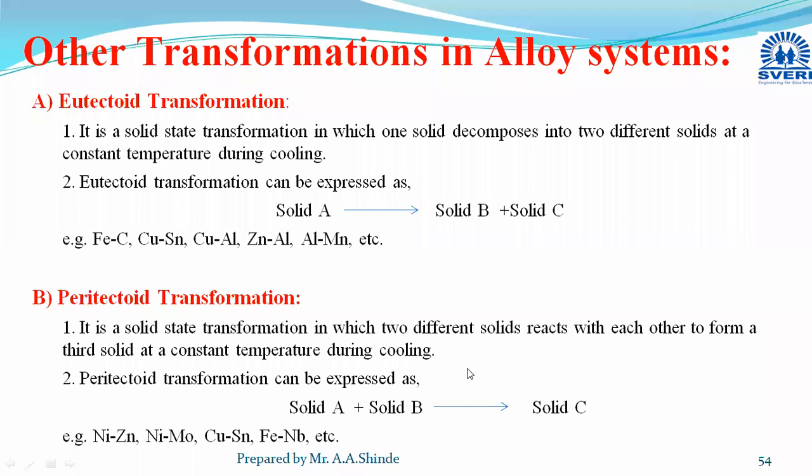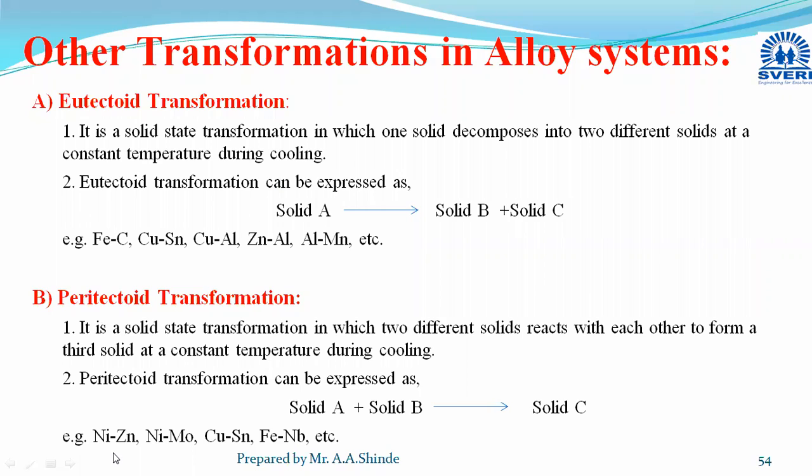Solid A combines with solid B at a constant temperature during the cooling, and they form a third solid or new solid having different characteristics and properties, and it is denoted by this solid C here. Okay, two solids combine to form a third solid, and this transformation is termed as peritectoid transformation. Okay, eutectoid, and this is the peritectoid.